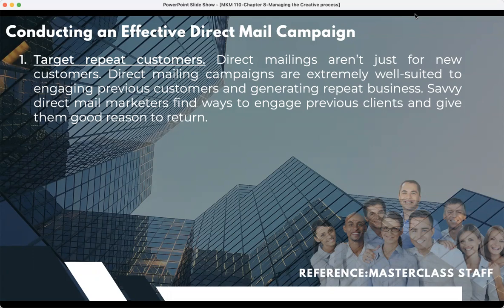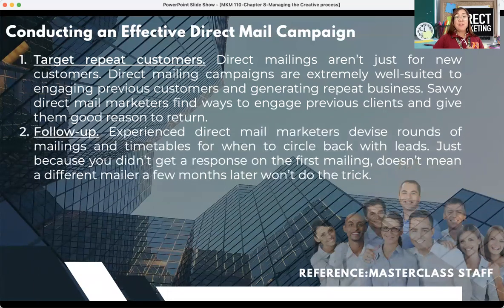So the second one here is follow up, and it is very crucial and important. It's not enough to just send a direct mail; we should always try to do a follow-up call.